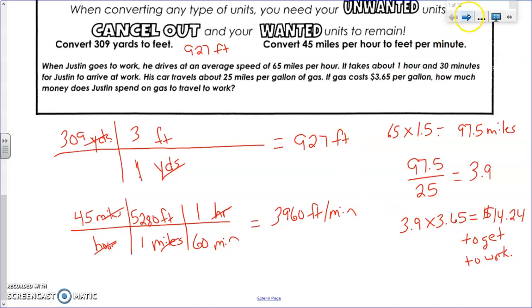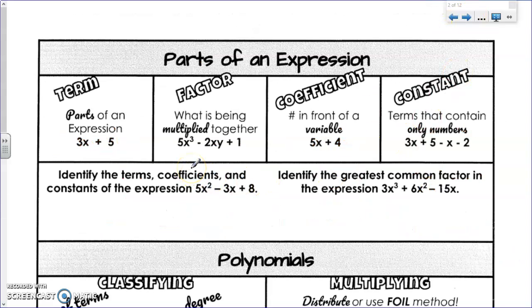Okay, continuing on, we're going to look here at a term, a factor, coefficient, and a constant. If you remember, terms are parts of an expression. So we have 2 terms here, 3x and 5, and this 5 is a positive. A factor is what is being multiplied together.